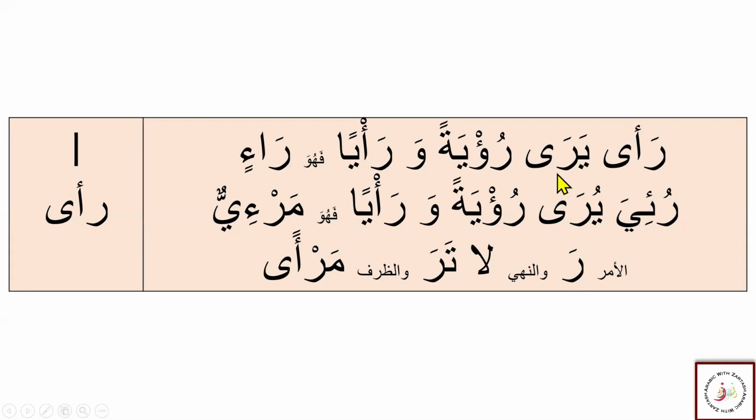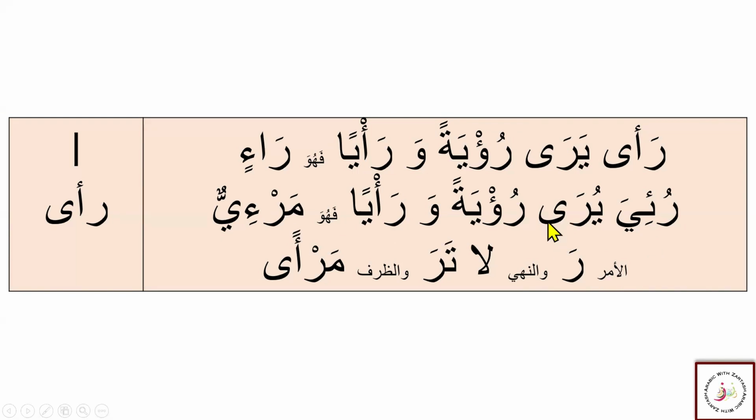Again, you don't see any Hamza here because it is dropped. Here harf illa remains, yara. This is the root letter as well, and here you can see not yara but only yura. Ru'ya yura ru'yatan wa ra'y fahuwa mar'iyun. Alam ara.